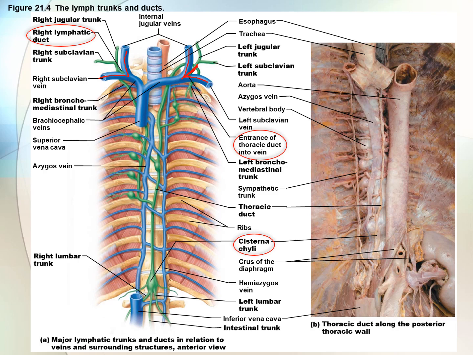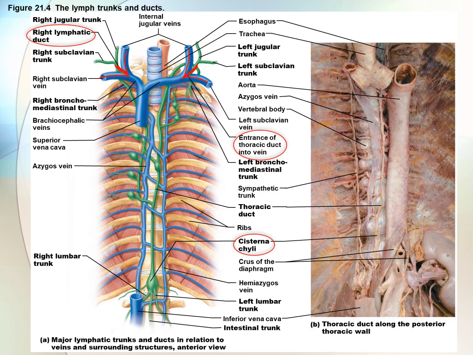So here's the thoracic duct coming in, and here's the right lymphatic duct. Essentially, the thoracic duct you could also think of as the left lymphatic duct. So because it's so large and important, of course it has a name, right? The thoracic, because it essentially runs through the thoracic cavity.